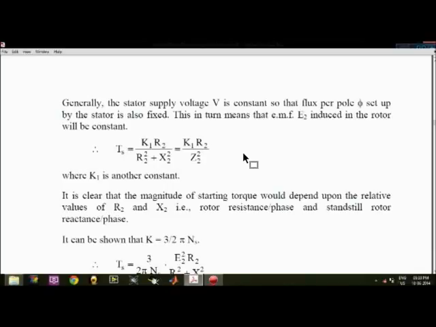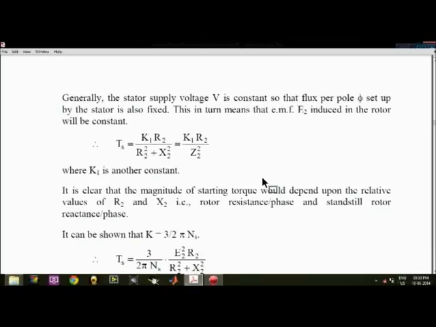Now it is clear that the magnitude of the starting torque depends upon the relative values of R2 and X2, that is the rotor resistance per phase at standstill and the rotor reactance per phase. From this formula we can say the starting torque depends upon the relative values of R2 and X2.